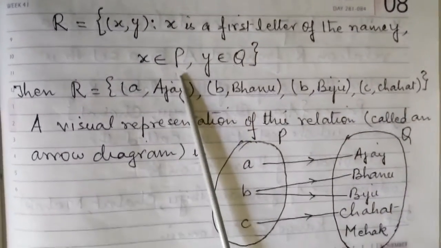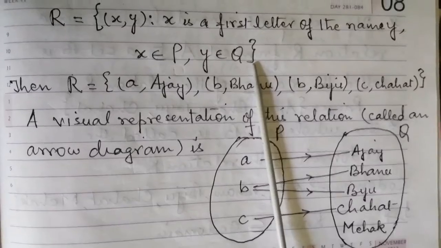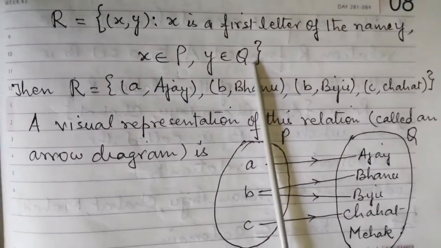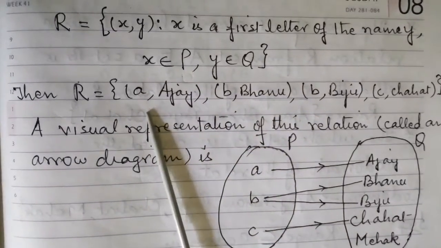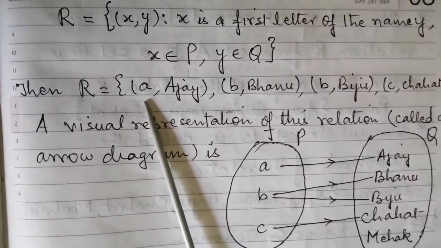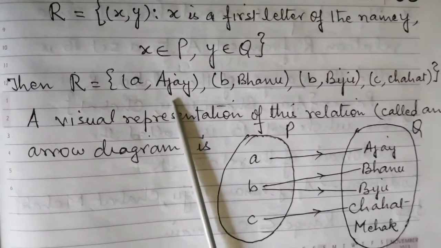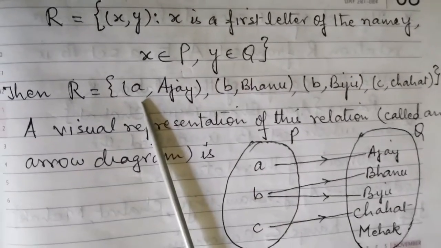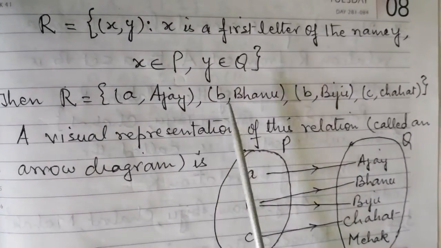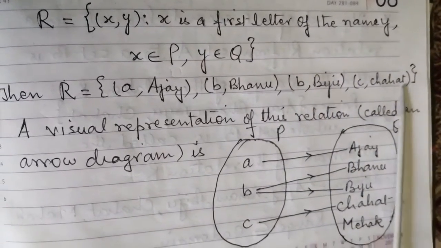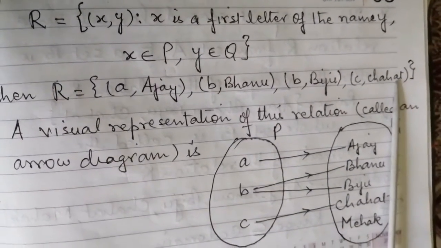So X belongs to P and Y belongs to Q. That is, X belongs to the first set and Y belongs to the second set. Then what relation will we get? I repeat, I will write the first alphabet of the name, right? So the ordered pairs we will get are A comma Ajay, B comma Bhanu, B comma Biju, and C comma Chahat, right?